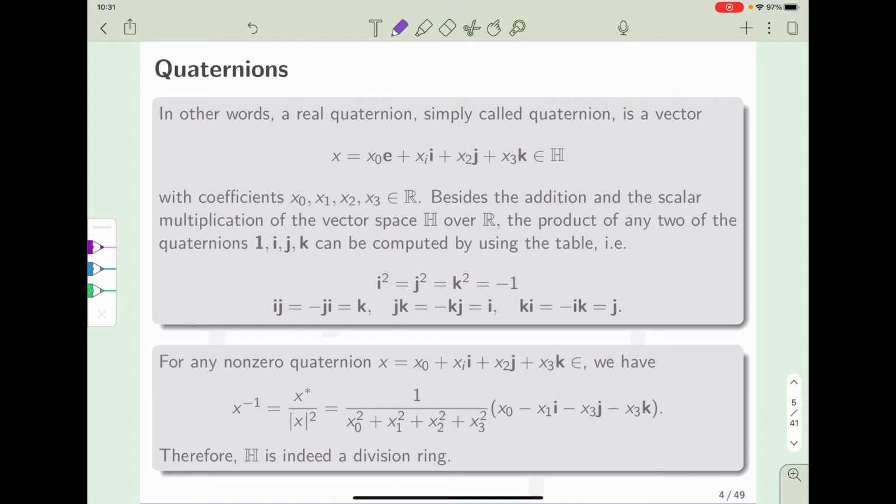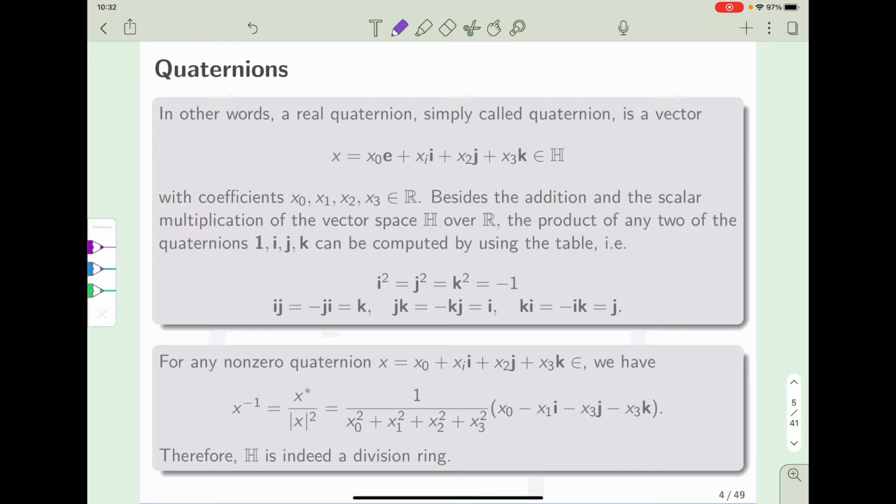Just like in the complex case where we have the real parts and the imaginary parts, so that we can define the conjugate of a complex number by flipping the sign of its imaginary part, so can we here for the quaternions. The sum of x1 i, x2 j, x3 k here is called the imaginary part of the quaternion x. And we define the conjugate by flipping the sign of the i, j, and k coordinates.